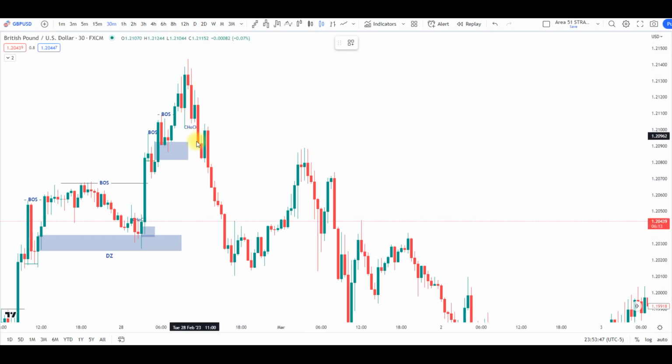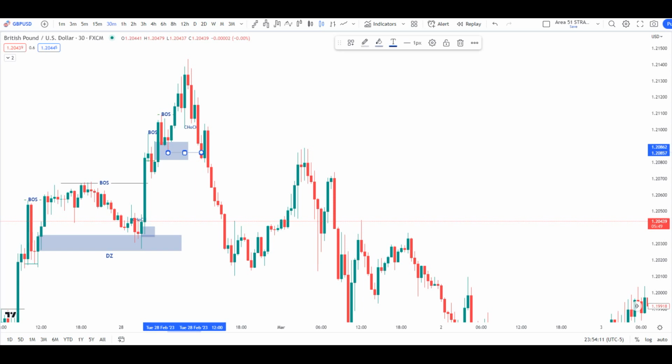So the price going down, breaking this structure. This was an entire move breaking this structure here again. But before this structure, first it went up, created a higher low, and then a high. So this is external, internal, external break of structure.